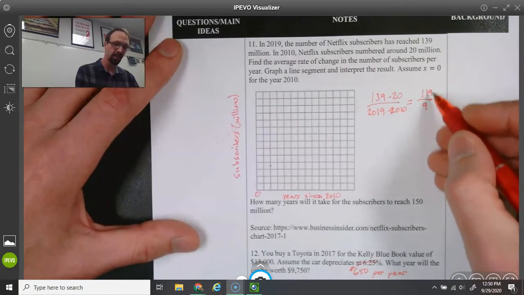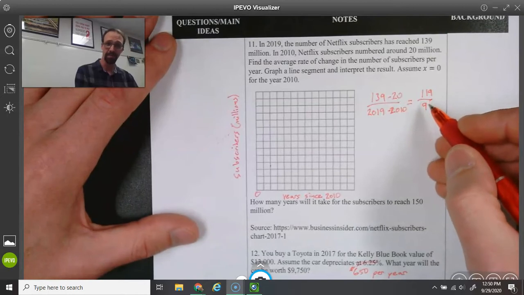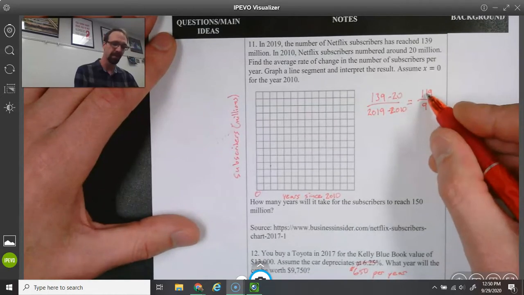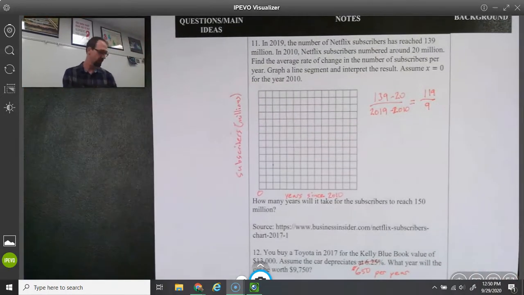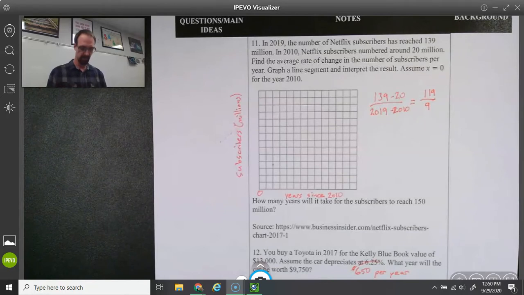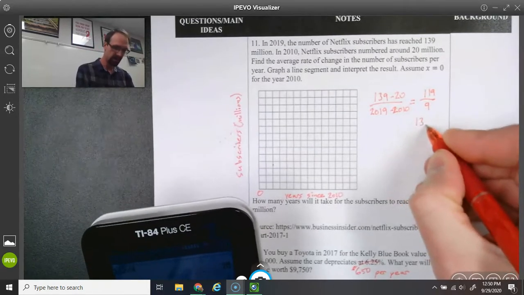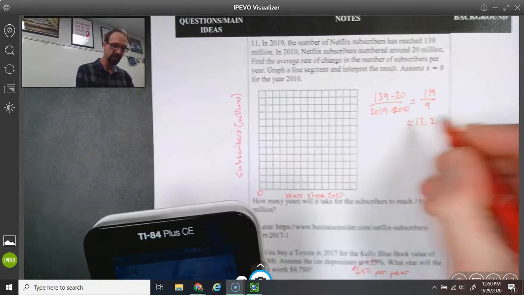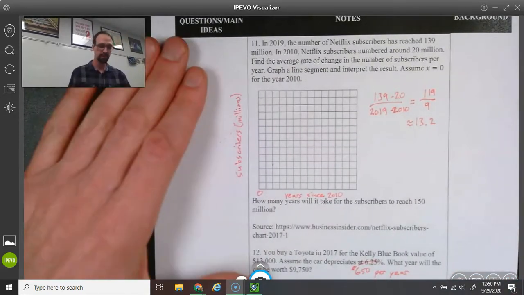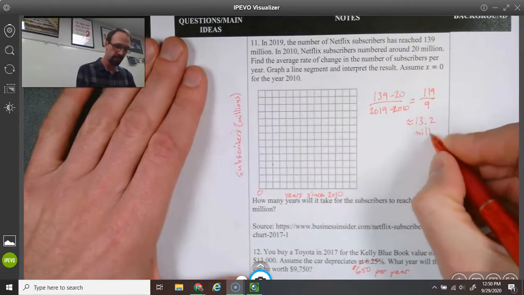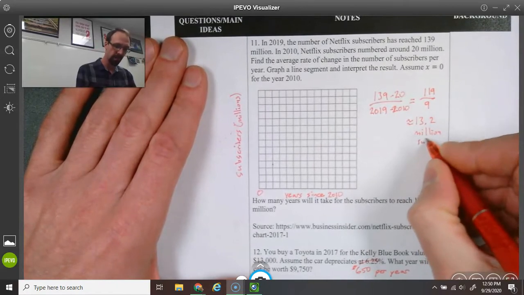That means I need to divide this out to get a decimal approximation, because it's 119 every 9 years, but it wants to know per 1 year. 119 divided by 9 is around 13.2 million subscribers per year.